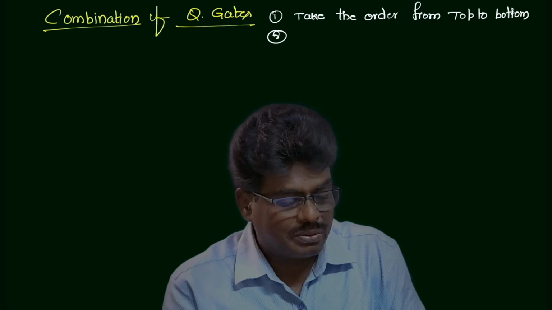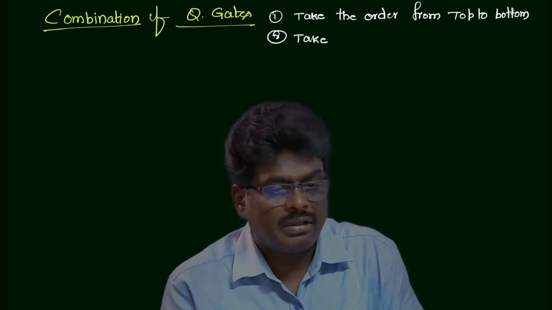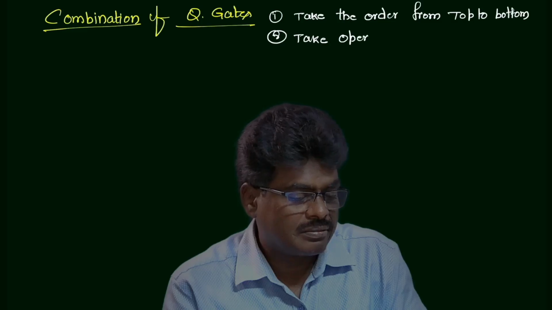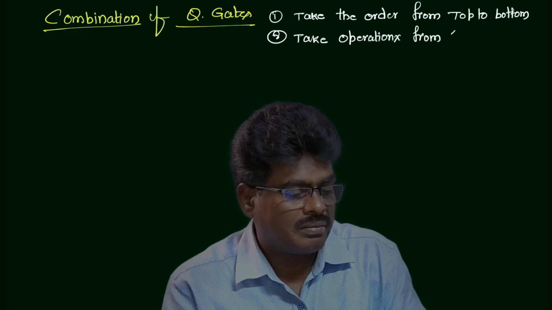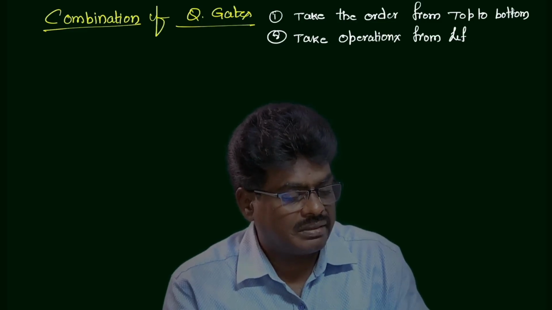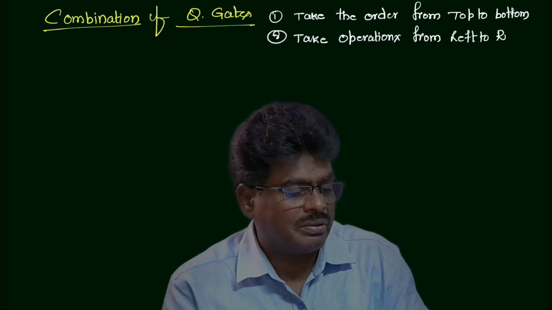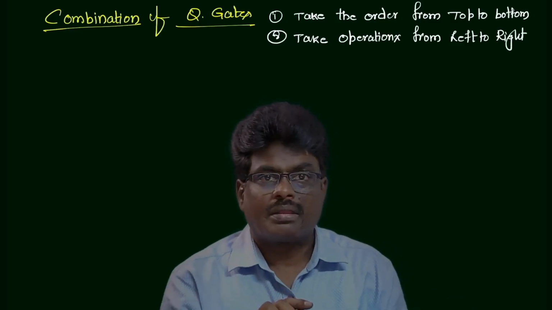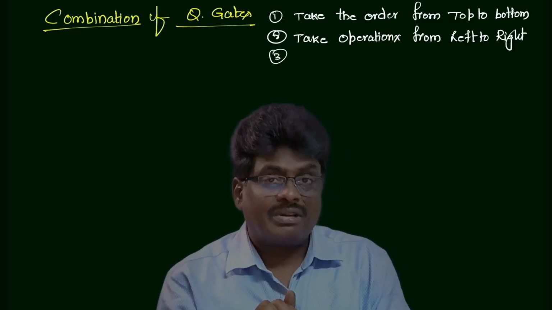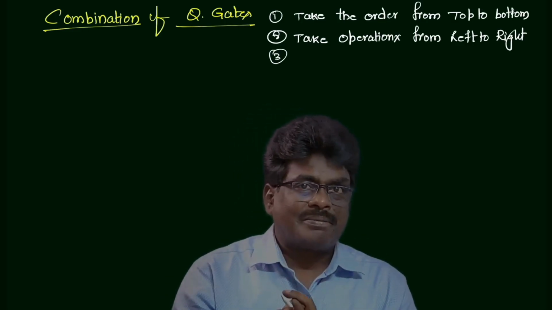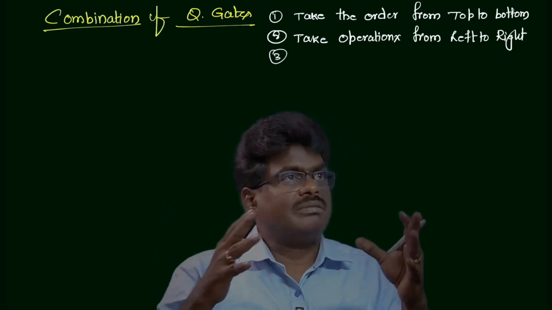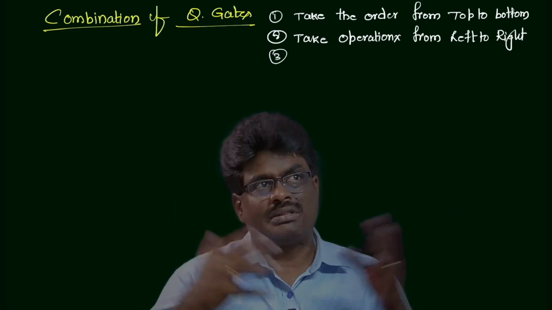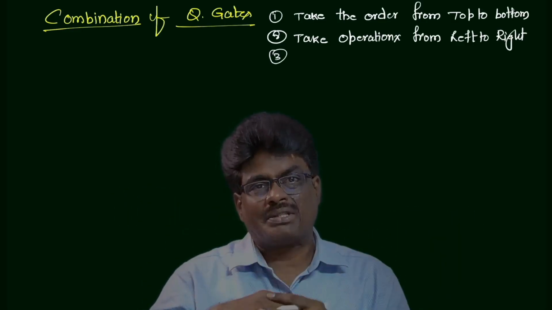So take the operations from left to right. No confusion, don't worry. Sometimes I multiply the matrices, because otherwise if I write all the operators it becomes a huge number of operations.